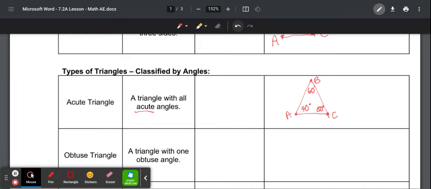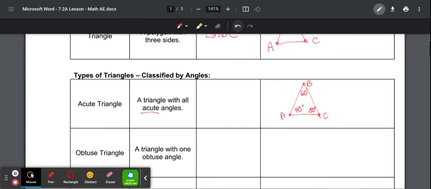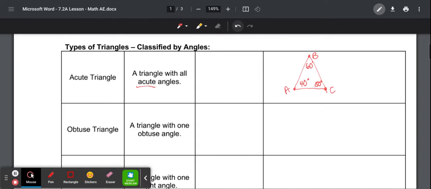That would be an example of an acute triangle. All the angles are less than 90 degrees. There's no symbolic name for an acute triangle.